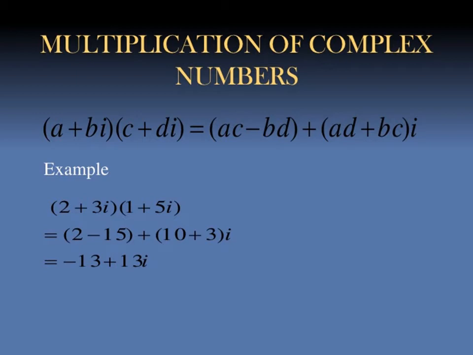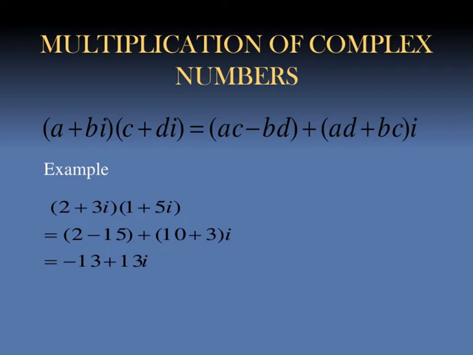Then the next multiplication: let us multiply with the second part of the second complex number, that is a into d plus b into c, and the imaginary part means i is taken out of the bracket. That is ac minus b into d.